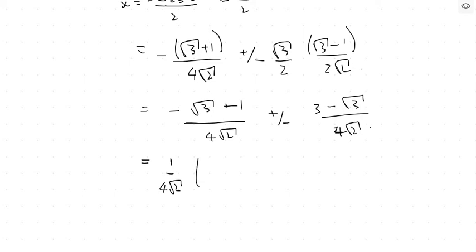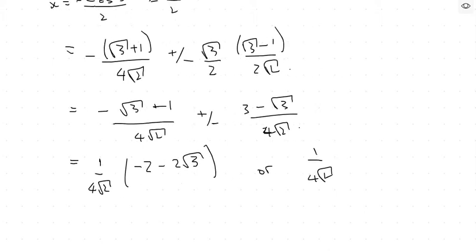So I'll do plus first. If I do plus, I get minus 1 plus 3, so minus 2, and then minus 2 root 3, over 4 root 2. If I do minus, I get minus root 3 minus minus root 3, so that goes to 0, minus 1, so minus 4.